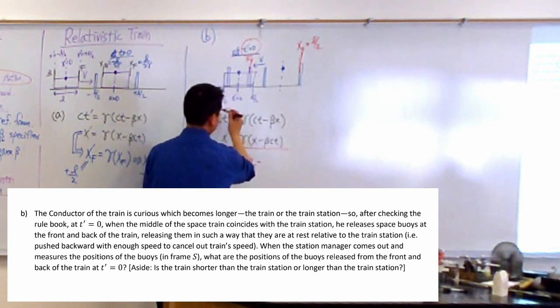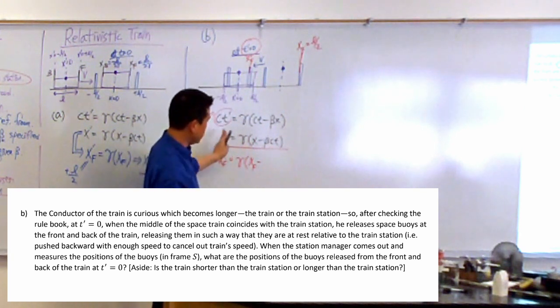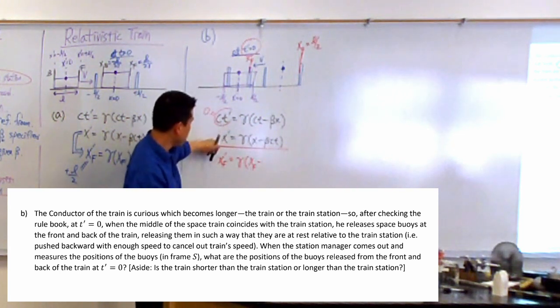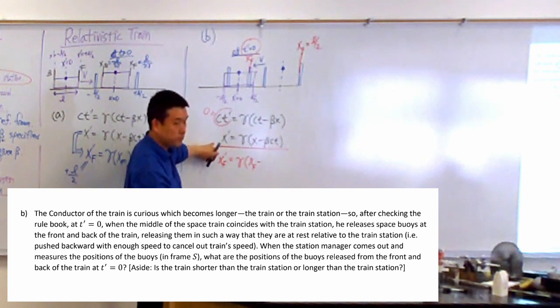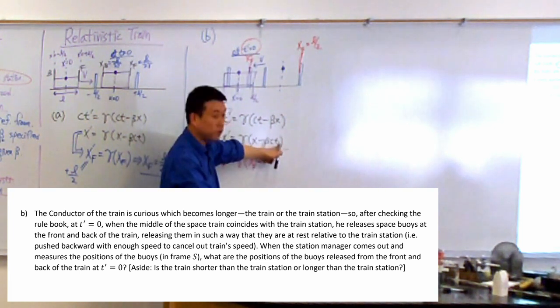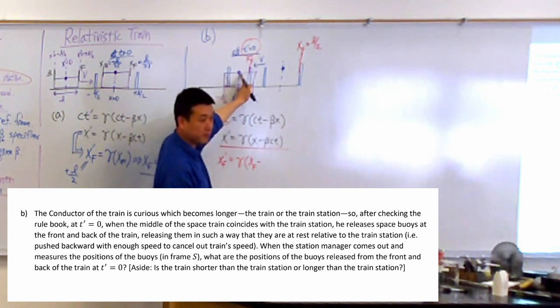In other words, this is equal to 0. You don't have a guarantee that t is equal to 0. So when you use the Lorentz transformation, at some point you should realize that simultaneity is relative, because t prime equal to 0 doesn't mean t is equal to 0 at any point other than this midpoint.